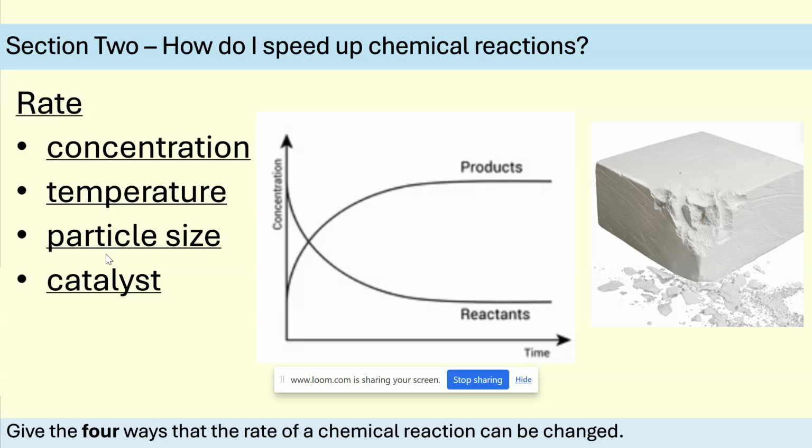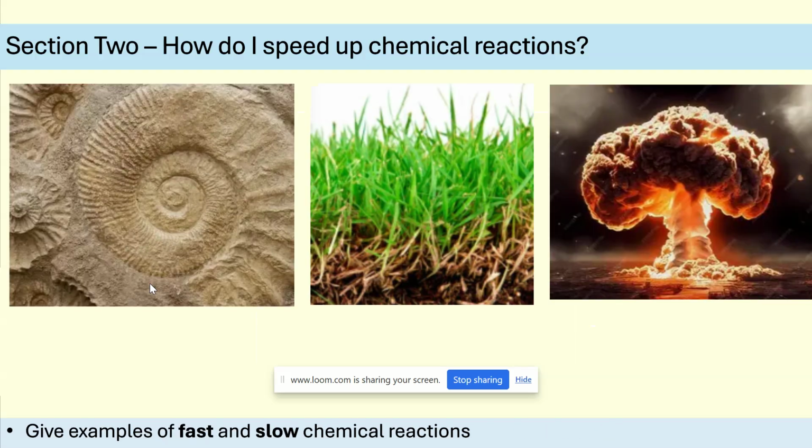That's something outwith this particular part of the course, though. A catalyst, and we'll talk a little bit more about catalysts in a second, is something that increases the rate of the reaction. So: increase concentration, increase temperature, decrease particle size, add a catalyst.